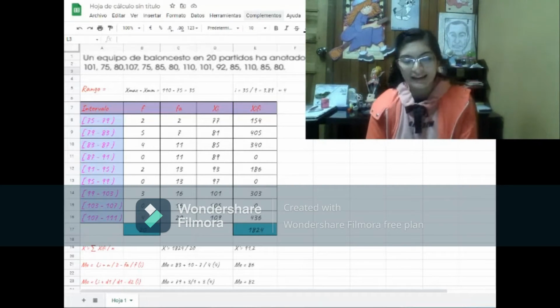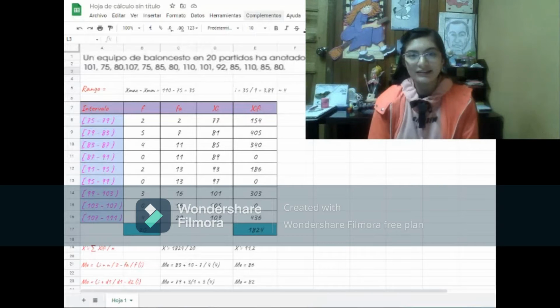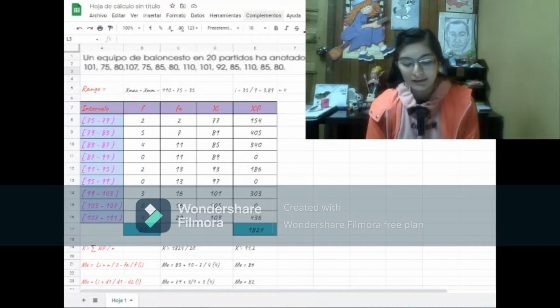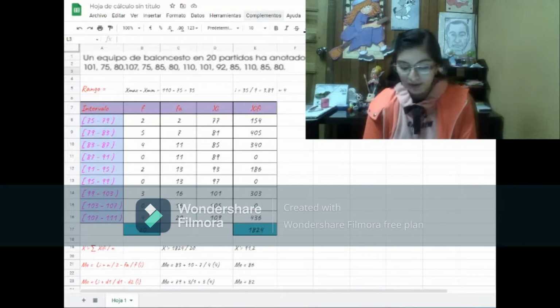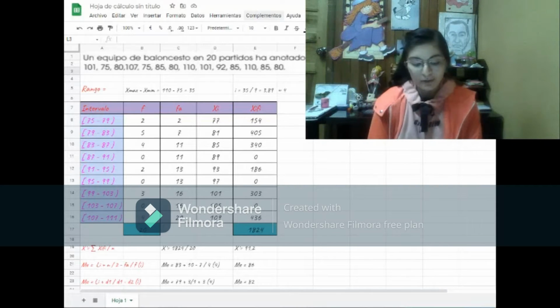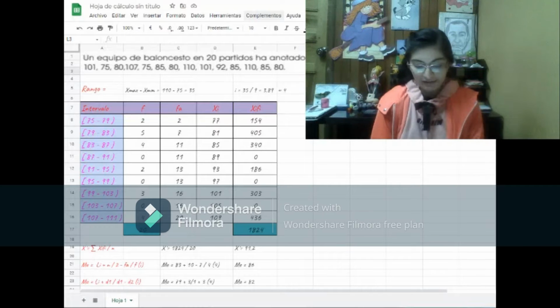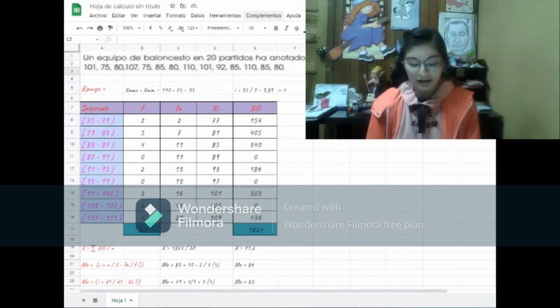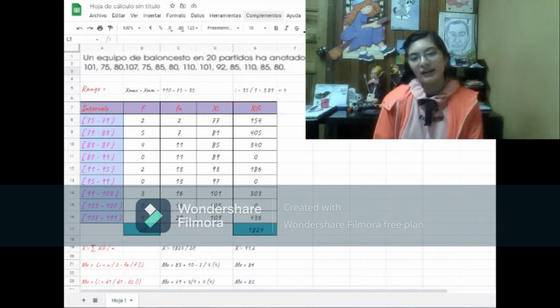Today we're going to talk about maths, and the first exercise is about a basketball team that in 20 games scored the following points: 80, 101, 92, 80, 110, 83, 101, 75, 80, 107, 75, 85, 80, and 110, 101, 92, 85, 110, 85, and finally 80.